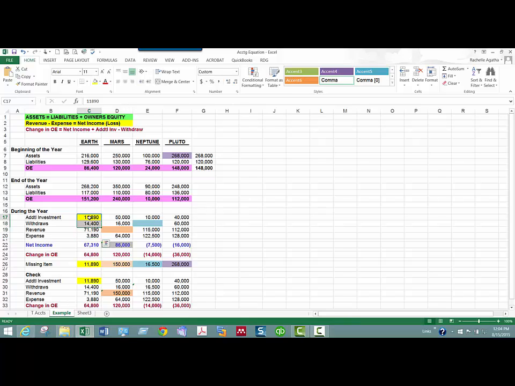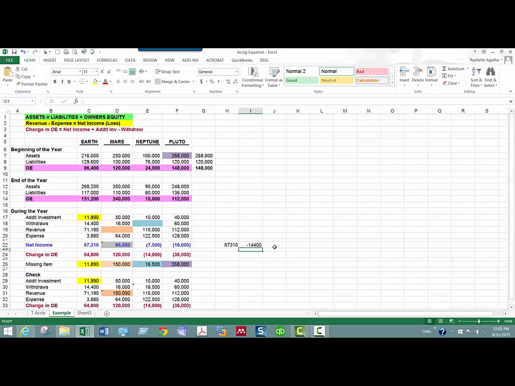You'd have to do the signs, but this is that missing piece right here. So if I have my revenue minus my expense is my net income, and then I have my net income, so let's do it off to the side. So I have 67,310, and then I have withdrawals. So I'm going to say my withdrawals are a minus 14,400.